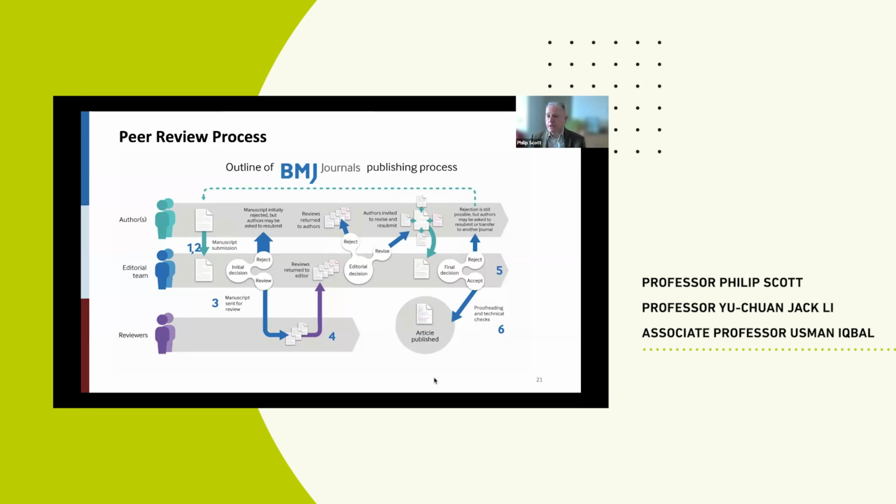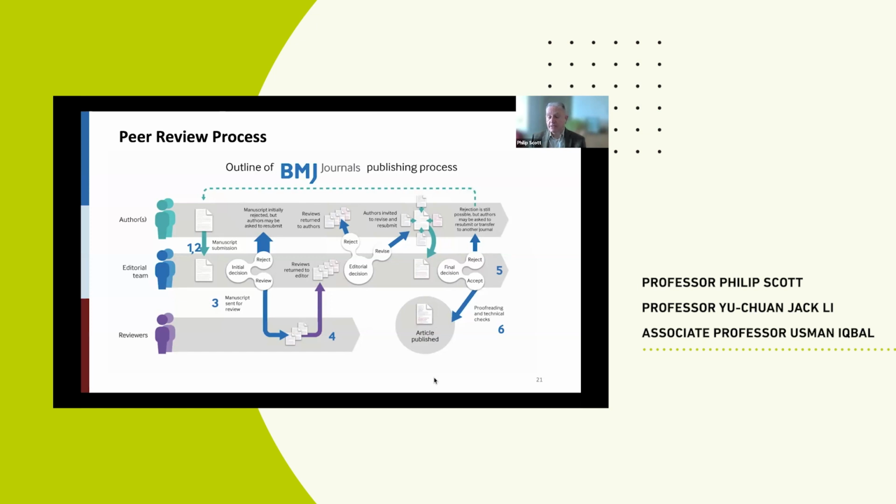The authors initially submit their paper to the journal through the journal website, and there's a pre-check done by the journal administration team to make sure it's in the correct format, that they've filled in all the boxes and answered all the questions, and that from an administrative perspective it's acceptable to be submitted.